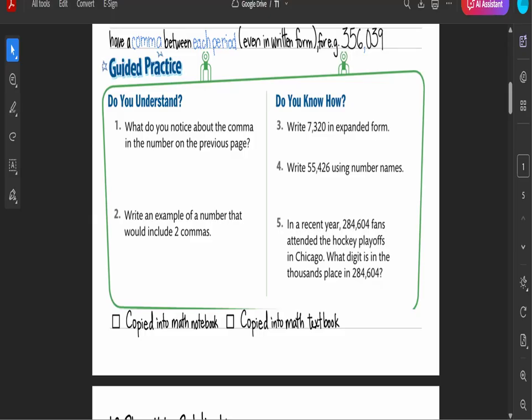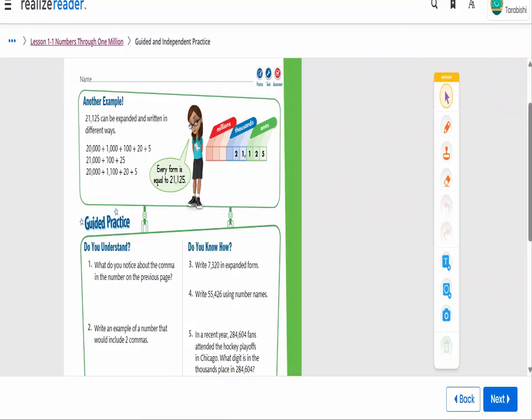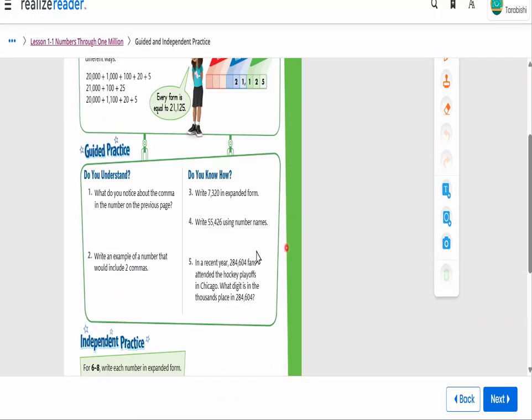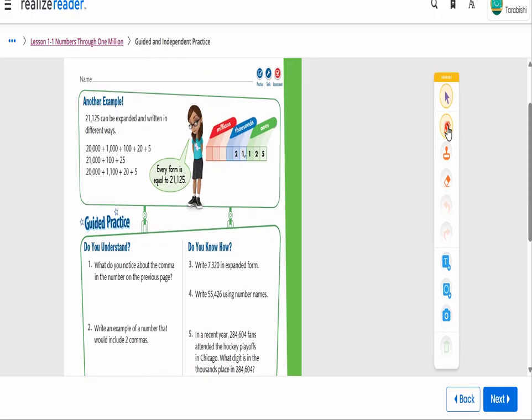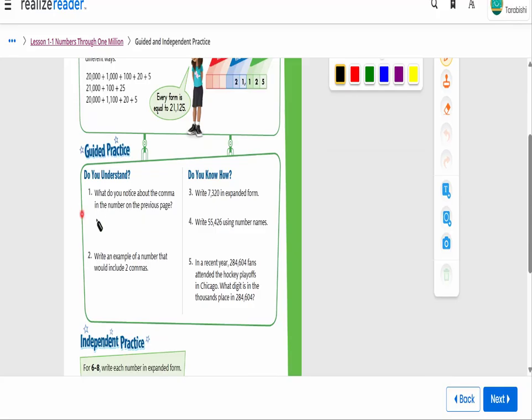For number two, write an example of a number that would include two commas. So that means you can write any number as long as it has two commas in it. And of course, you can only add those commas if you are putting them in their appropriate places. So I'll show you that over here. Okay. So for number one, what do you notice about the commas on the previous page?